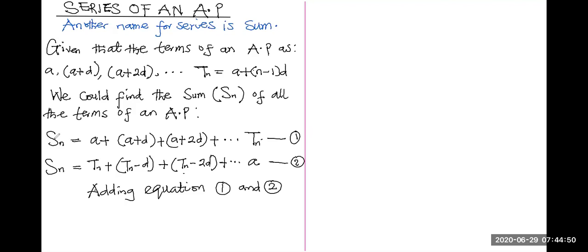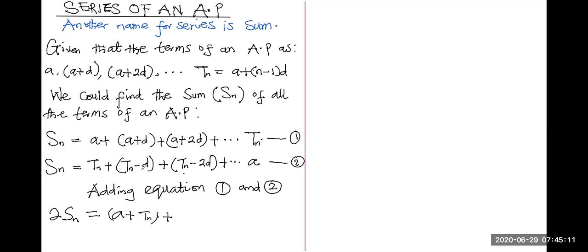Sn plus Sn will give us 2Sn equals a plus Tn. That is the sum for this other one, plus, now when you look at this equation, this is a plus d and this is Tn minus d.